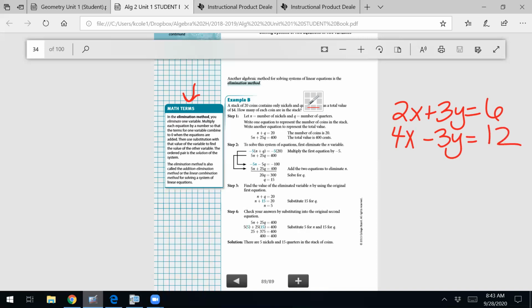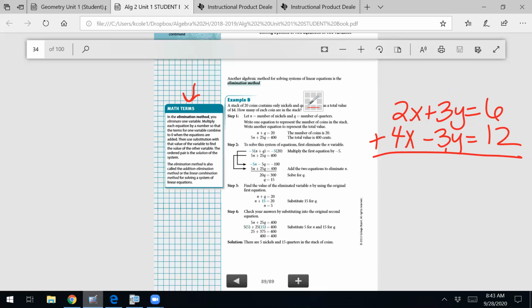If you're looking at this example, your y's right here are opposite, which means they have the same coefficient. One is positive, one is negative. If that's the case, then all you have to do is simply add them together and they will eliminate.